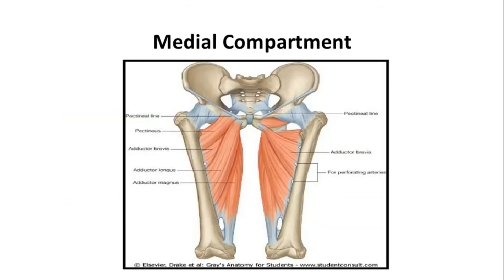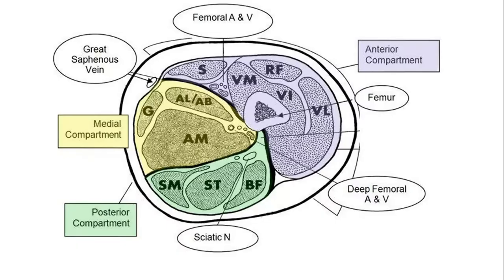Now, previously we have discussed the anterior compartment of the thigh, the muscles of the anterior compartment of the thigh, and during our discussion we have seen how the different compartments of the thigh are formed. In this slide we can see how the compartments of the thigh are formed.